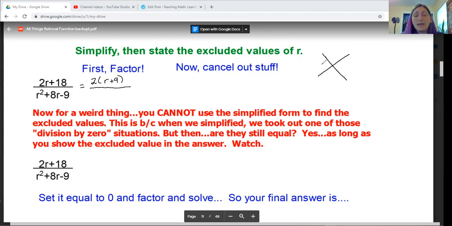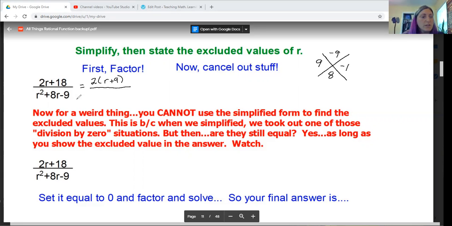So in this case, we want it to multiply to negative 9, and we want it to add to positive 8. Okay, and then we think, what goes there? Multiplies to negative 9, adds to positive 8. Ah, I know, it's 9 and negative 1.